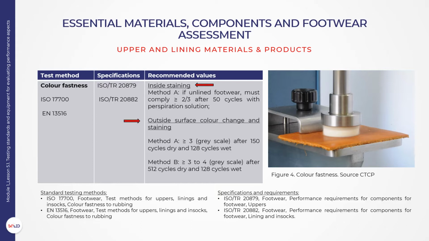For the outside surface, the color change and staining, if method A is used, must be greater or equal to degree 3, grayscale, after 150 cycles in dry conditions and 50 cycles in wet conditions, normally water, or if method B is used, the color change and staining must be superior or equal to degree 3 to 4, using grayscale, after 512 cycles in dry and 128 cycles in wet conditions. For linings, the inside staining, using method A, is greater or equal to degree 3 after 50 cycles with a perspiration solution.